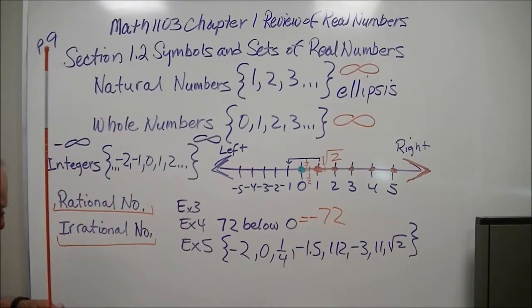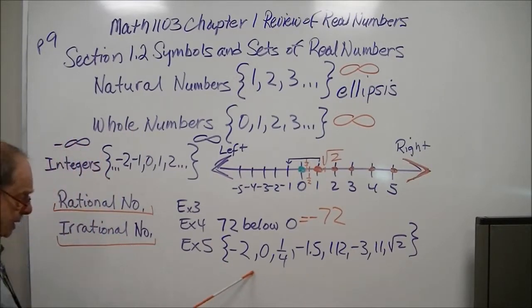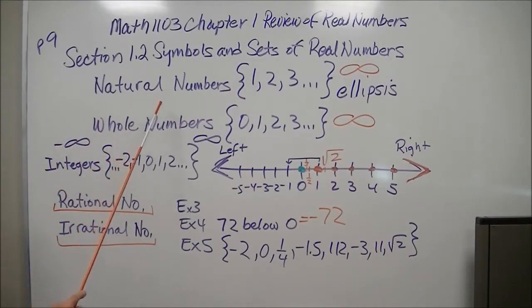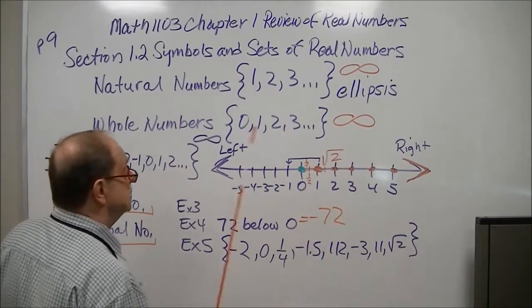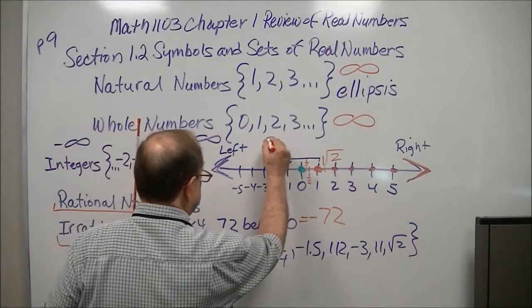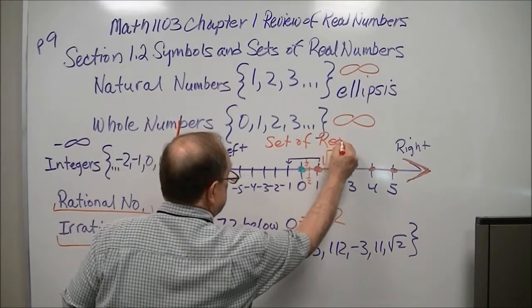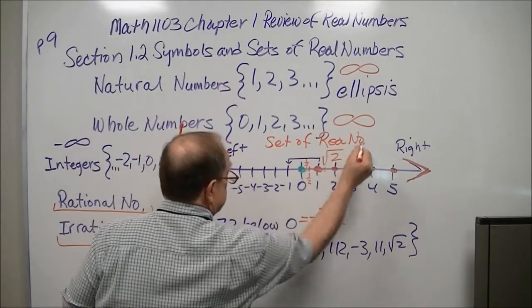Now, for example 5, they're asking us to look at this set of numbers and identify them as to, are they natural numbers, whole numbers, integers, rational, irrational, and then, by the way, all of the numbers on the number line make up the set of real numbers.